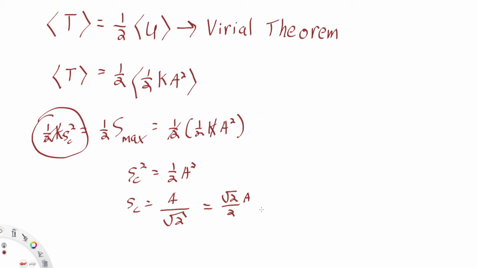So if this is the amount of stretch for half max potential, then this has also got to be the stretch where you've got half of your maximum kinetic energy.